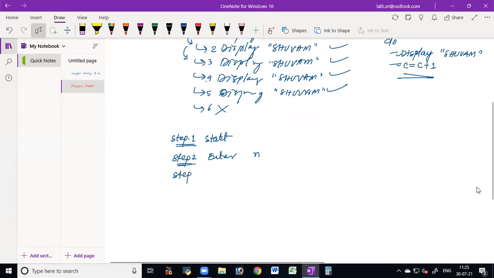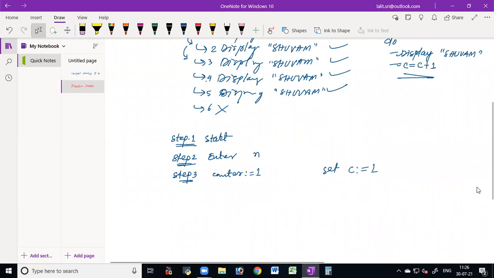Then step 3: You have to initialize the value of C, or counter. You can write counter is 1, or set C equal to 1. You can write this also.